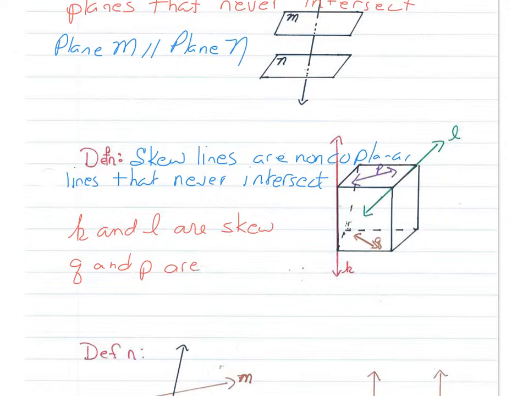K and L we've already said, okay. Anything else? L and Q. So just to review what a skew line is, it's been a little while since we've talked about it. William.